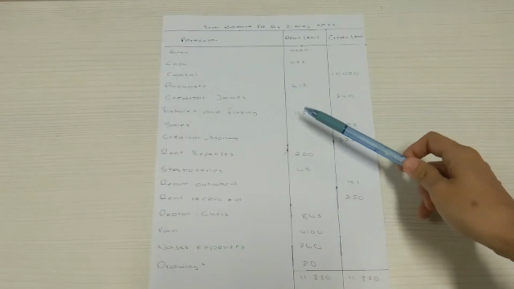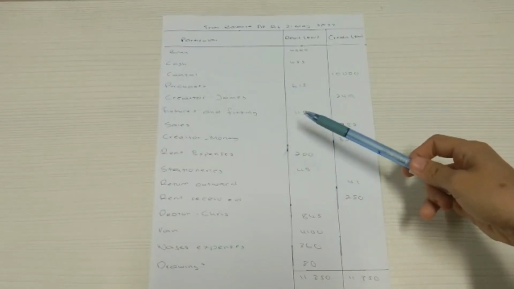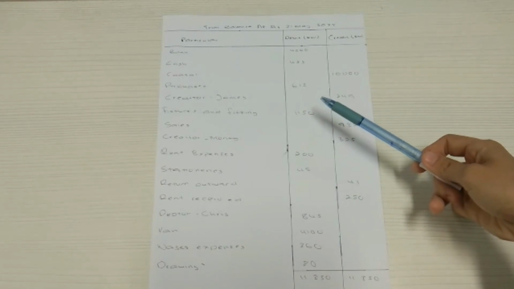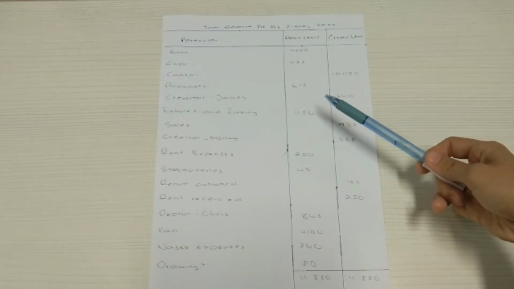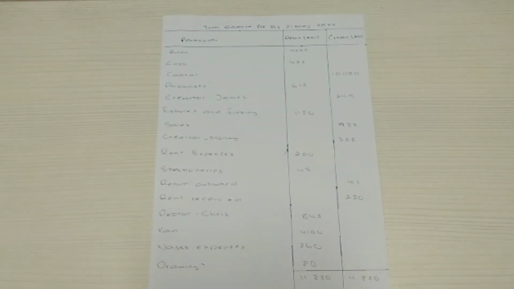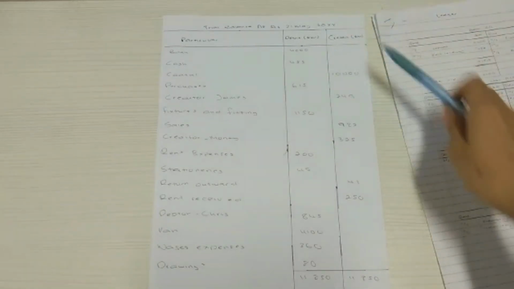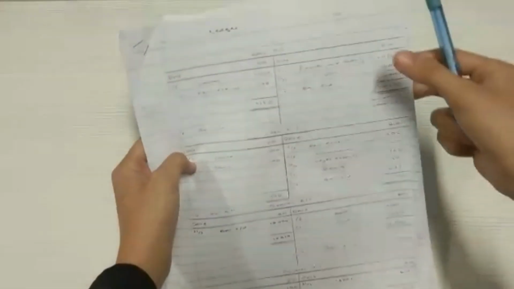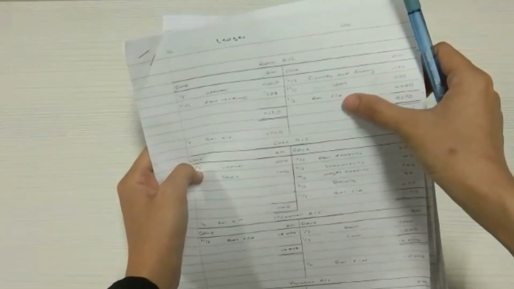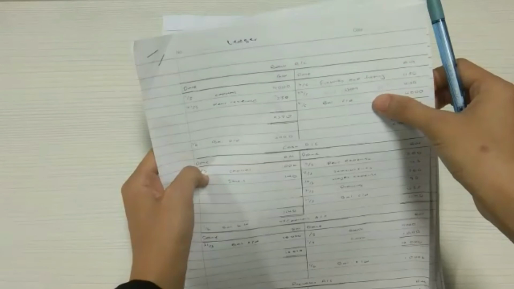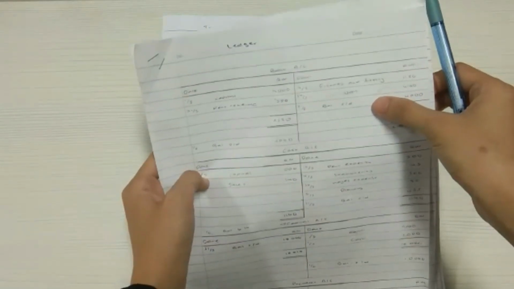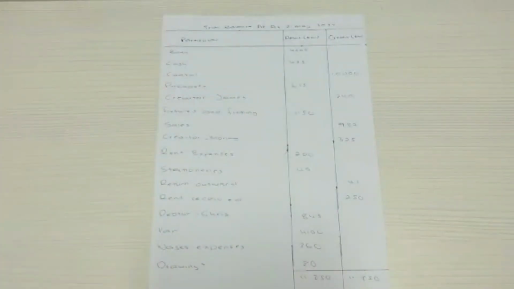If an account has a zero balance, list it with a zero in the normal balance column. This amount is taken from this balance c/d, balance carried down.